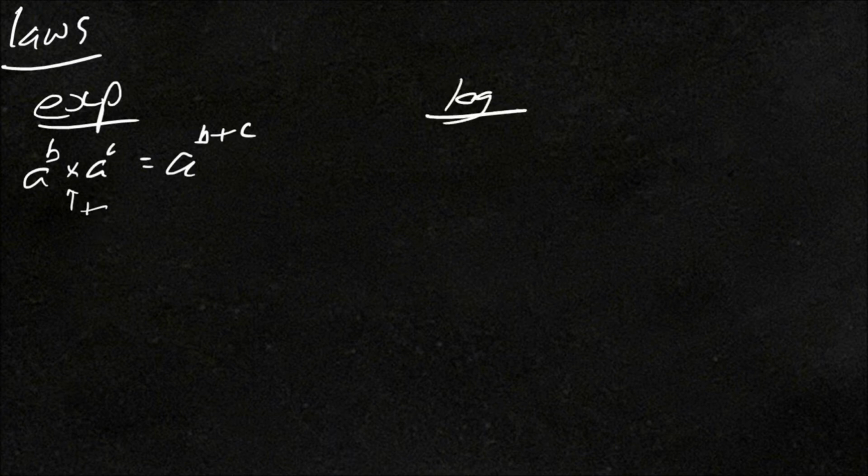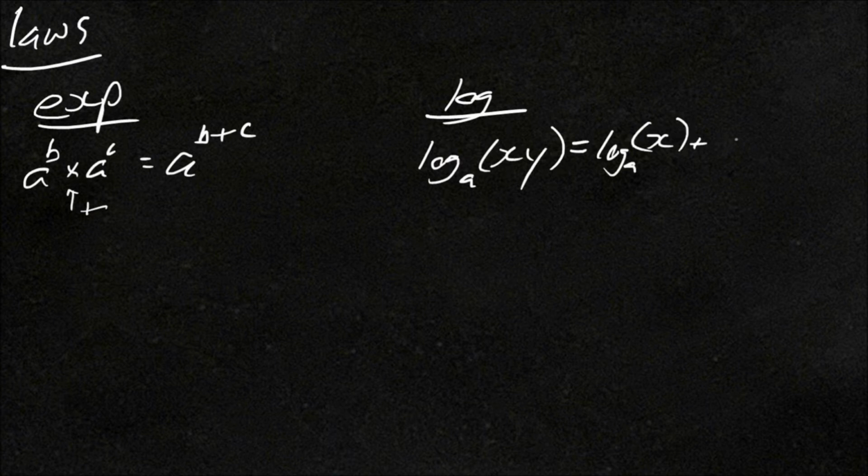For logarithms, there's a similar concept. Log to the base a of xy would be the same as log to the base a x plus log to the base a y.